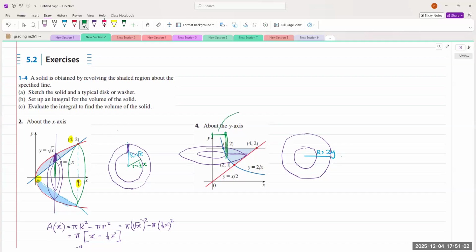That's y equals 2 over x. But again, because we will integrate with respect to y this way, we need to solve this as a function of y. This will be xy equals 2, so x equals 2 over y. So the shorter radius will be r equals 2 over y.